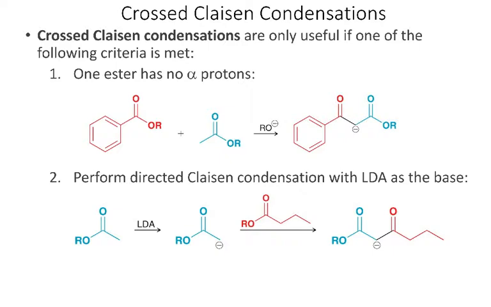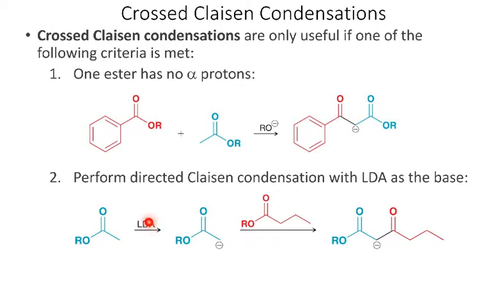Now we can do cross-Claisen condensations, just like we can do crossed aldol condensations, but many of the same limitations apply. If one of the esters has no alpha protons, then the cross-Claisen condensation reaction will work okay, because that limits the number of products that we can get. Or we can do the Claisen condensation in a directed fashion, much in the same way that we did with crossed aldol condensations.